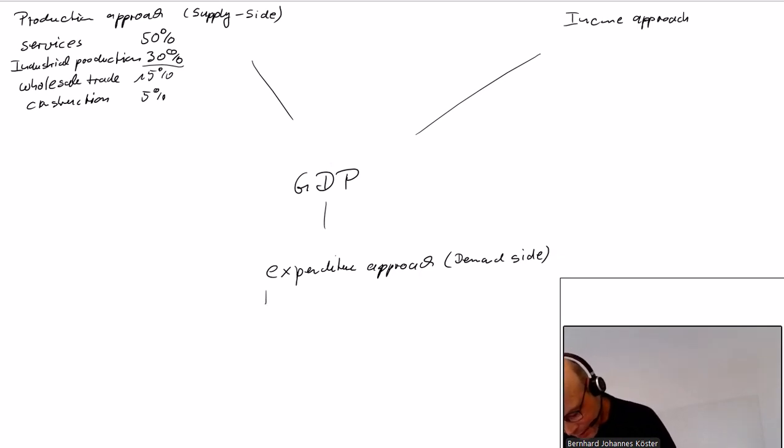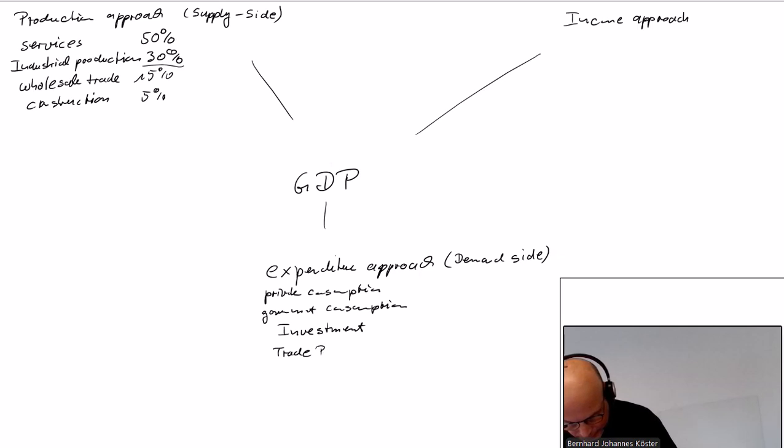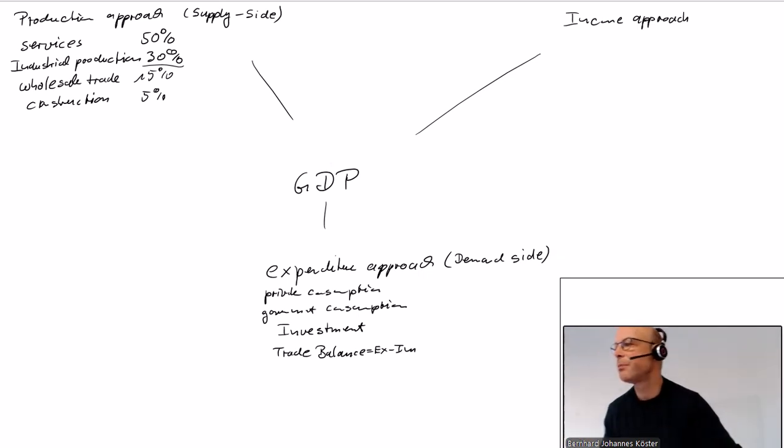There we had private consumption, we had government consumption, we had investment, and we had the trade balance: exports minus imports, and these are the proportions.